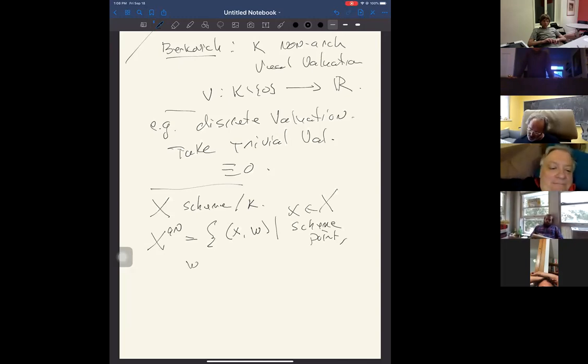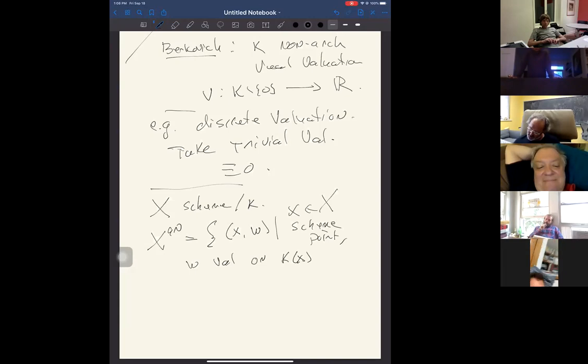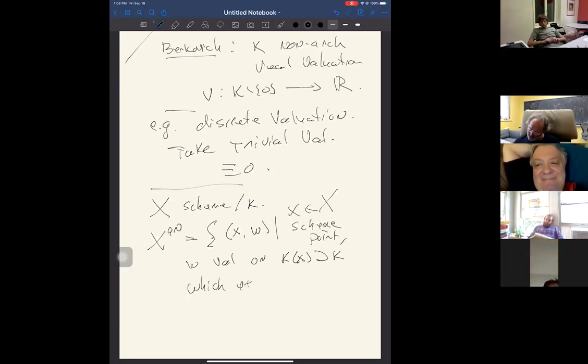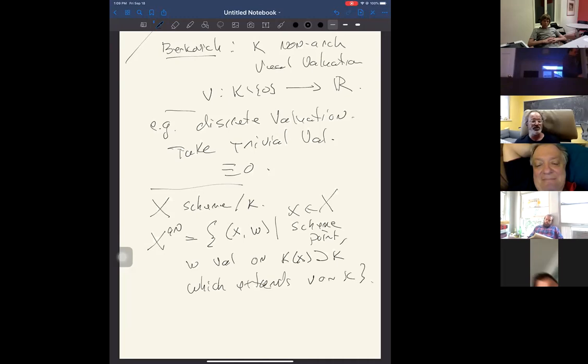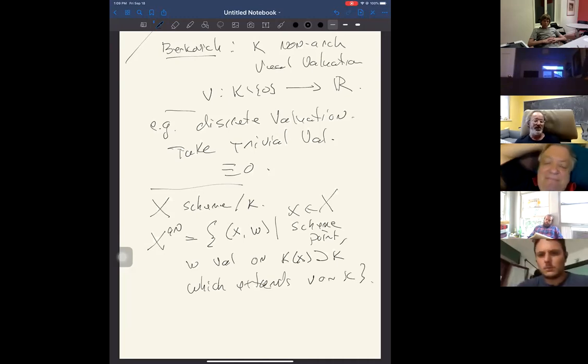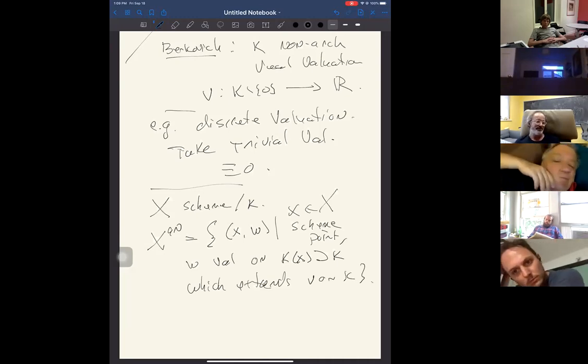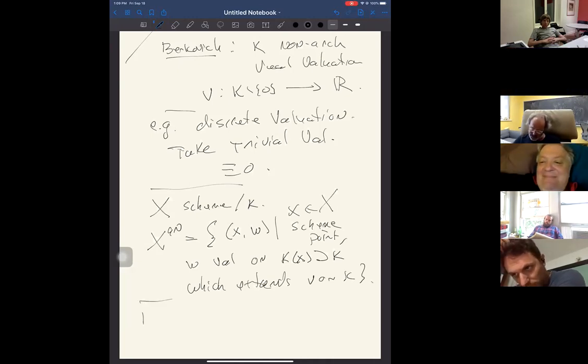Well, w is a valuation on the residue field K(x), which contains K, which extends our valuation v on K. So all you do is, for every point, you add a valuation to the residue field. That's this Berkovich analytification.